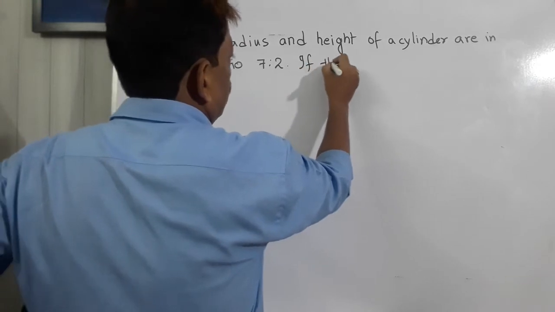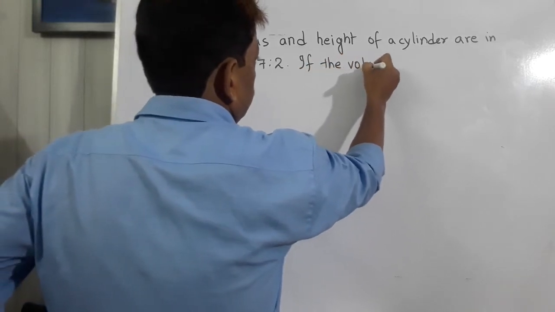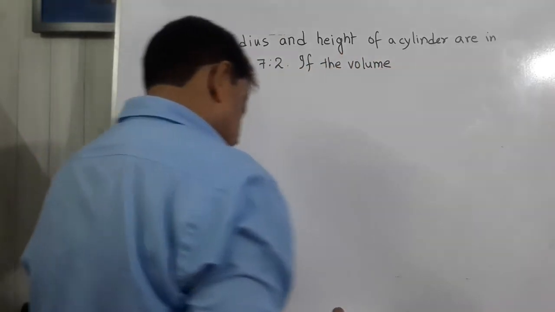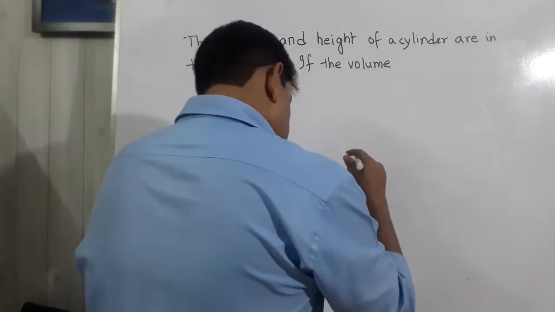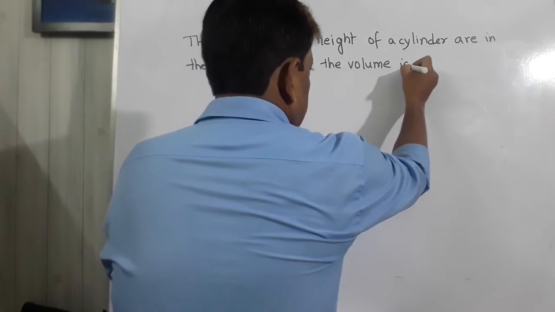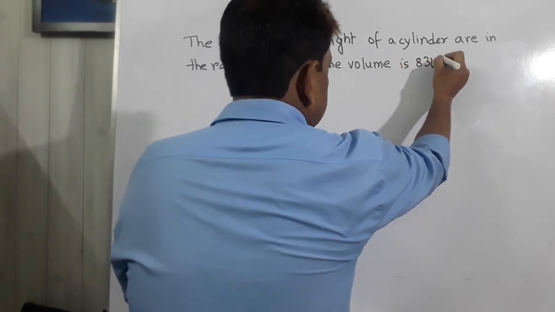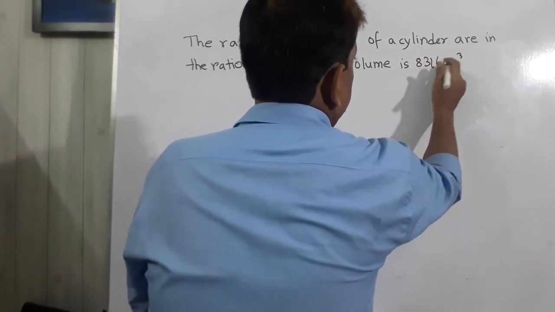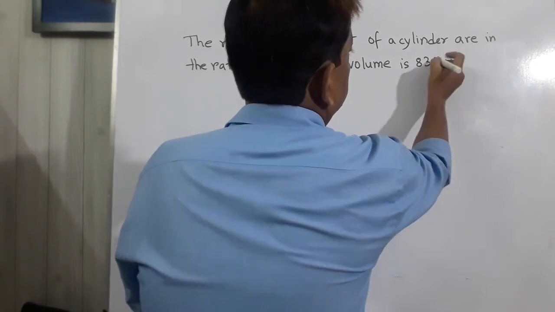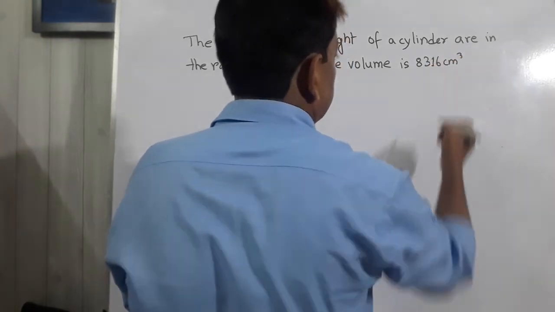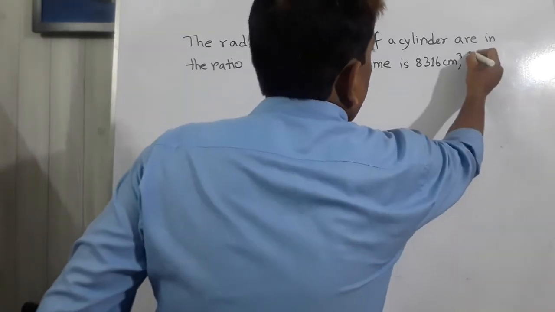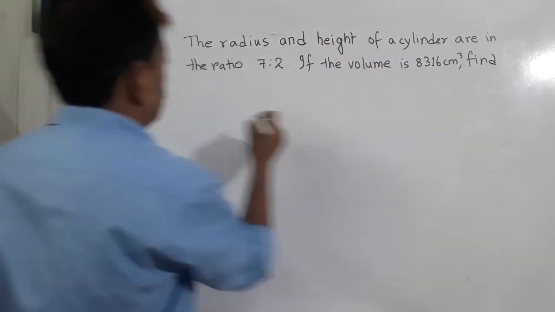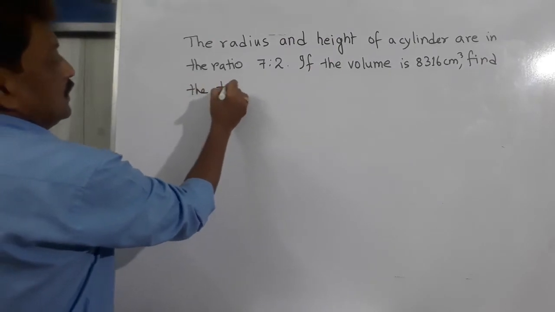If the volume is 8316 centimeter cube, find the total surface area.